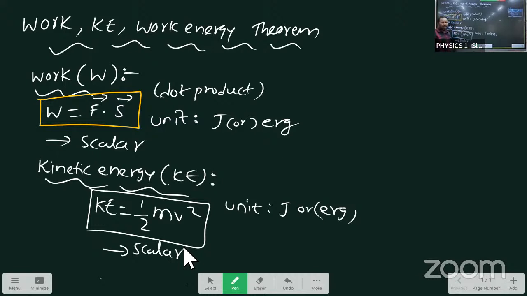Next, our topic, long answer continuation: work energy theorem. Work energy theorem statement. Work done by a force always equals the change in kinetic energy.